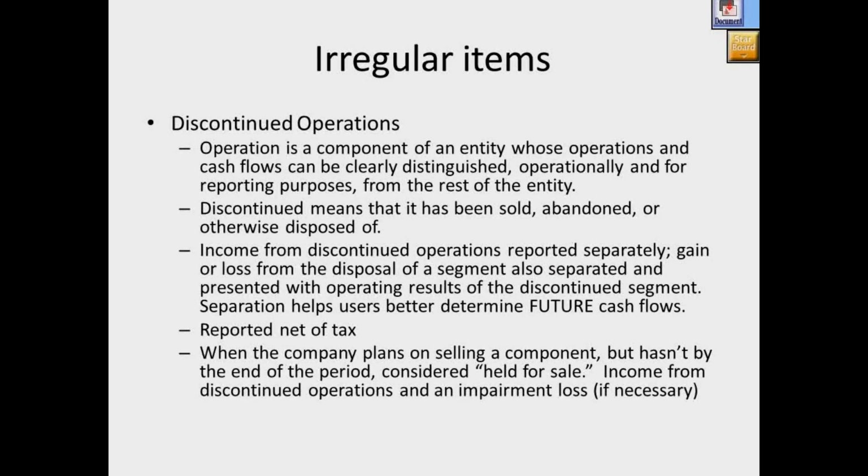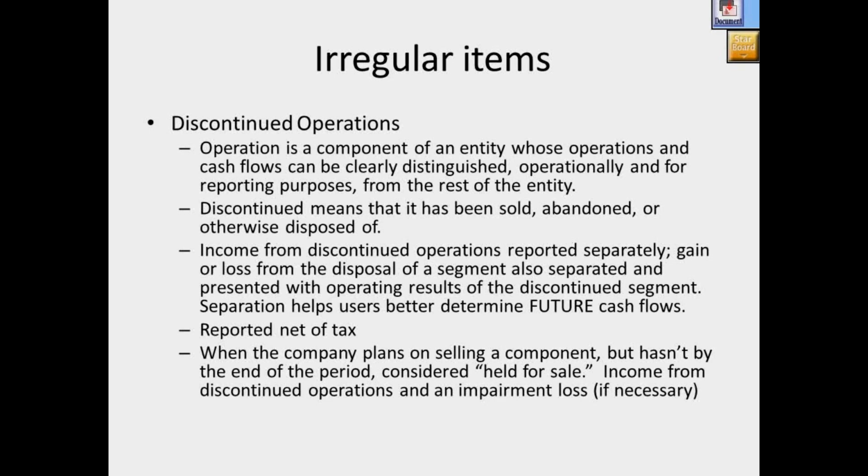But here comes the irregular stuff. Okay, so let's say you've got multiple operations within a firm, and you can separately distinguish the two components within your firm. So they're not completely integrated. It's not like I'm using this machine to create my primary product, and then I sell one of the machines.